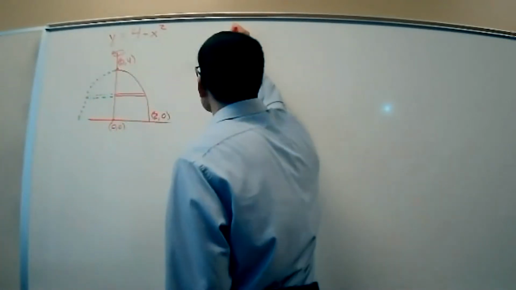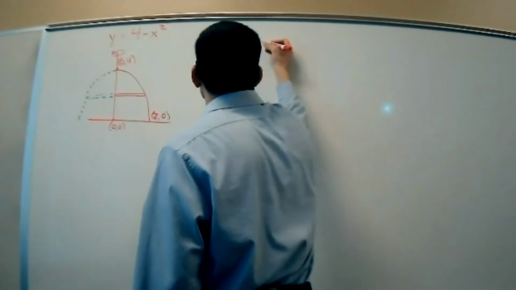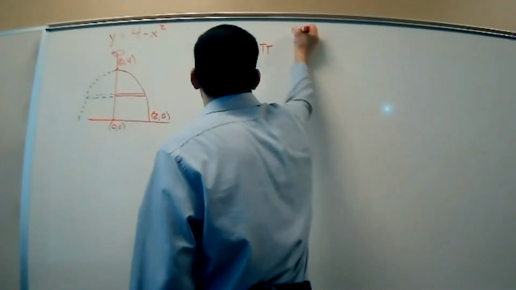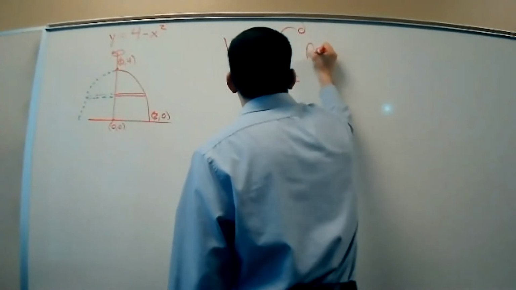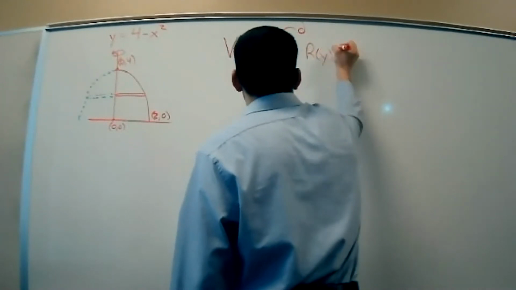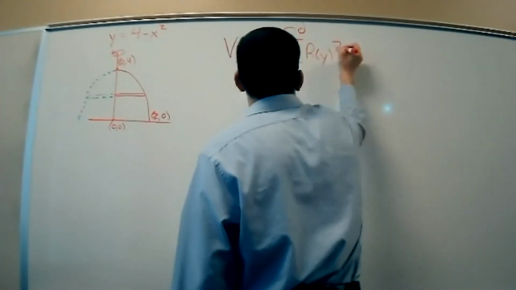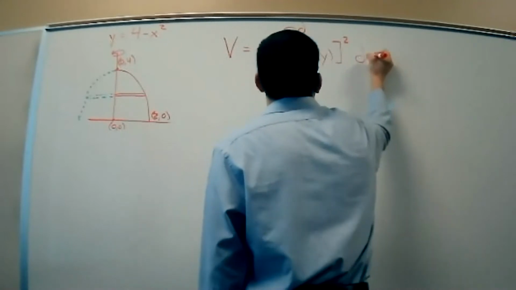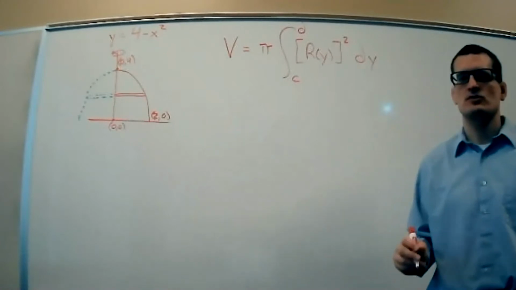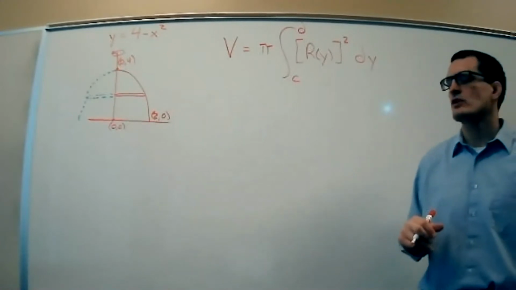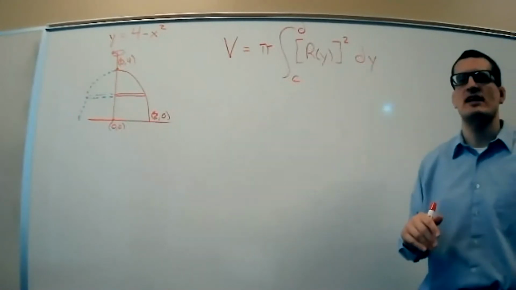So the volume on this is going to be pi, integrate from c to d, radius with respect to y, squared, integrating with respect to y. That's the formula that we're going to use in this case.